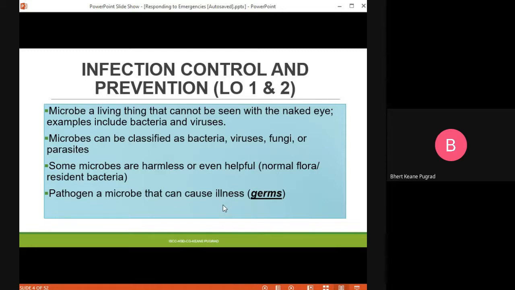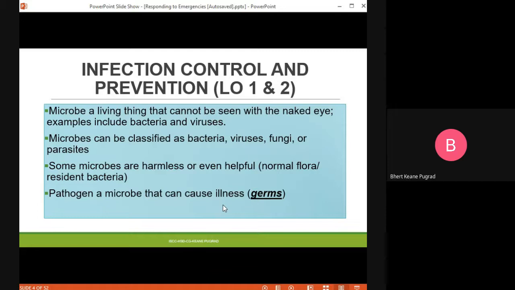Newly born babies are also benefited from the normal flora that they get from their mothers, most especially during breastfeeding and skin-to-skin contact, because those normal flora will eventually strengthen the newborn's immune system.